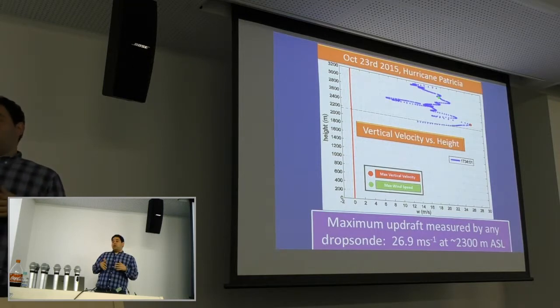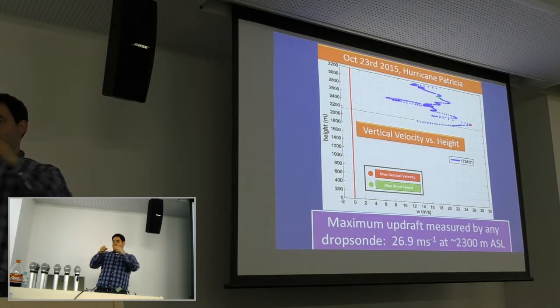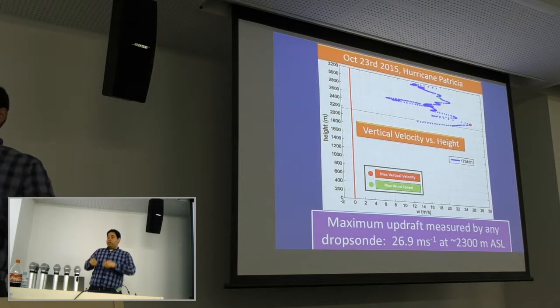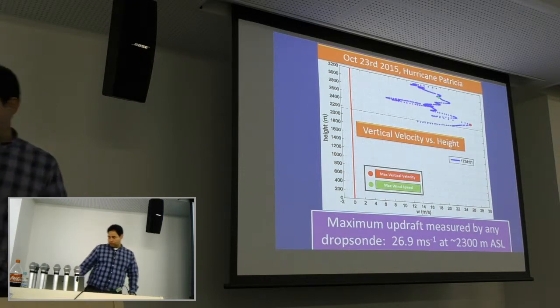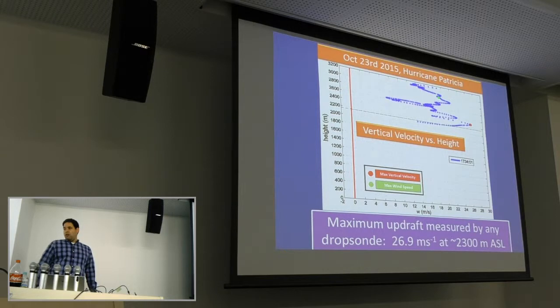So you know approximately how fast it would fall if there were no vertical air motion, and so you just subtract that from the sonde velocity, which is what you've measured, and that gives you the estimate of the vertical wind speed. So the estimation error is, I would say, plus or minus 1 meter per second.